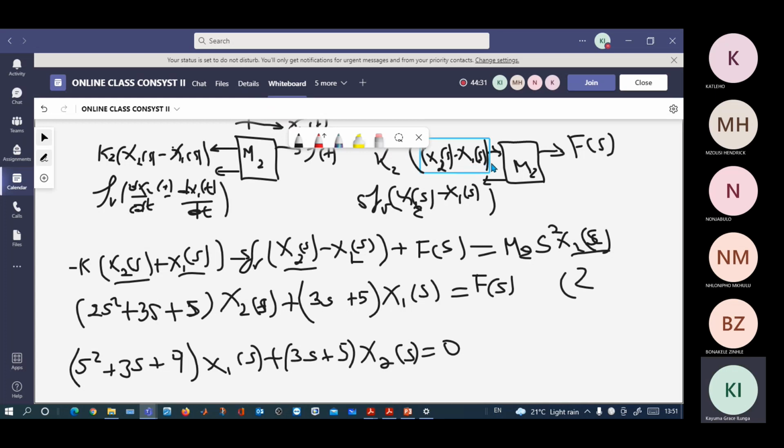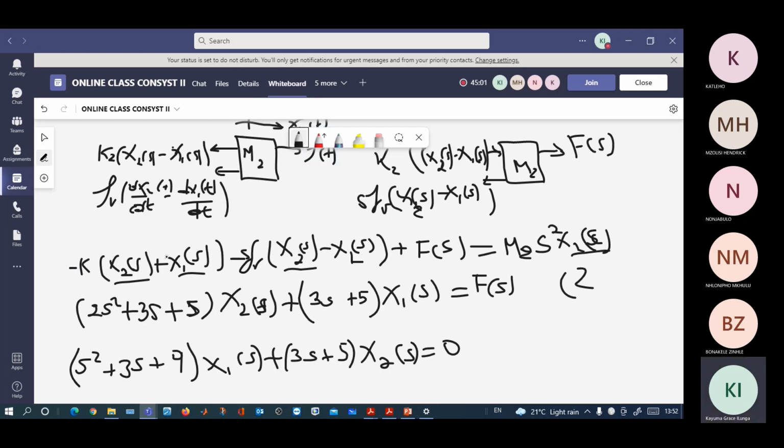Yes. But when you write the equation, you say minus K2 X2 S, plus X1 S. Yes, because when I do K2 times this one, it's going to be minus, and this one's also going to be minus, because there's the minus sign there. Do you get it? Yes, I can see it, sir. Means you multiply by K2, sir.